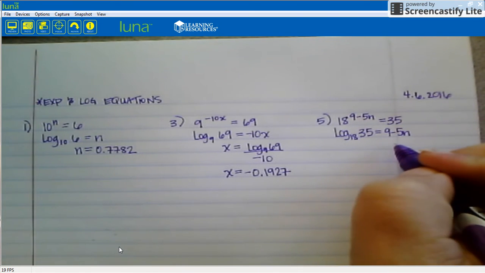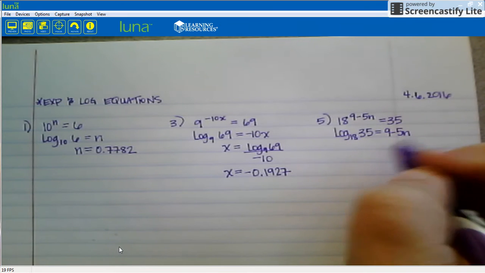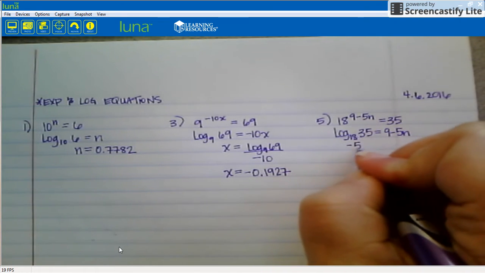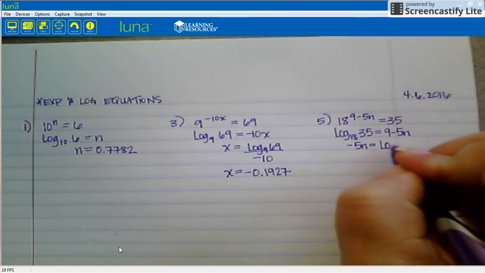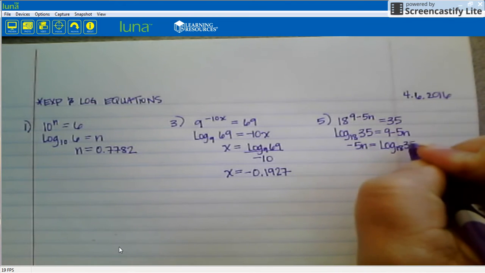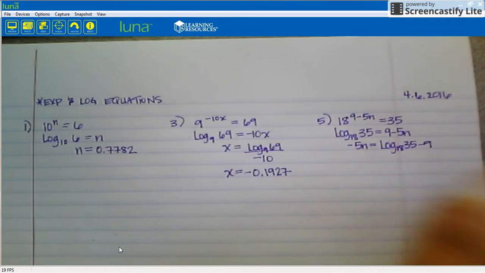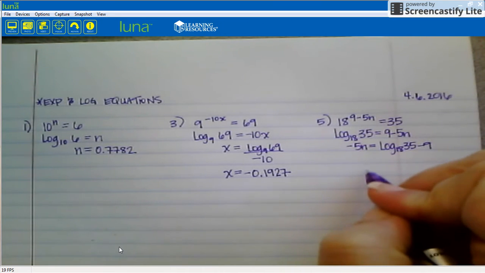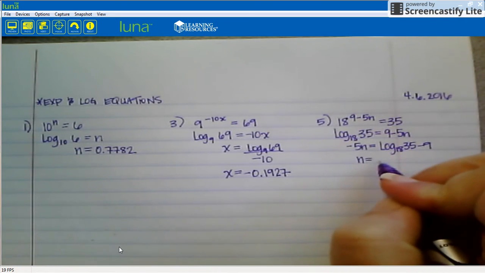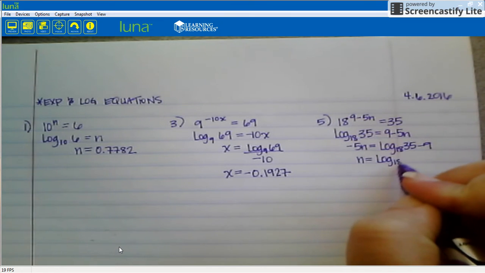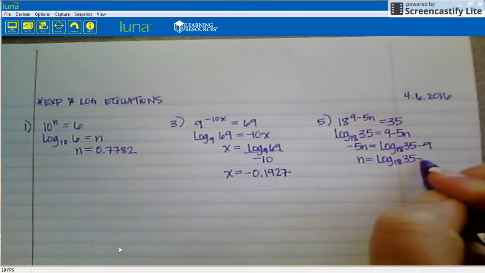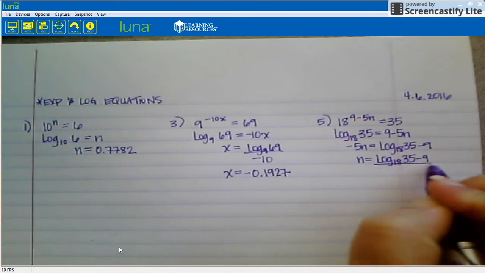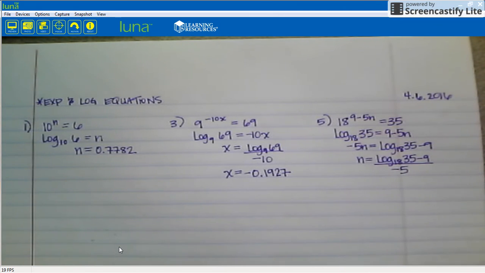So I'm going to subtract 9. So I have negative 5n is equal to log base 18 of 35 minus 9. And then I divide both sides by negative 5. So I have n is equal to log base 18 of 35 minus 9, divided by negative 5.